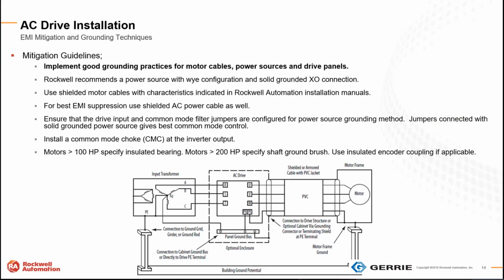So again, some of the mitigation practices that we see. The power source with a Y connection and solidly grounded X0 connection is a big one. We'll talk a little bit about what happens if we don't do that.